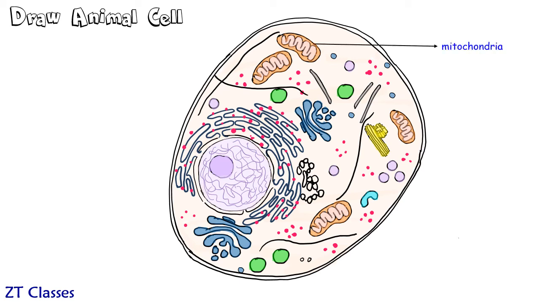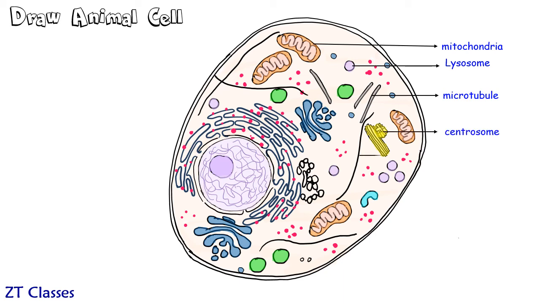Let's name it. The first one is the largest organelle, mitochondria. This is your lysosome, the suicidal bag or garbage cleaner, and these are microtubules, part of the cytoskeleton.